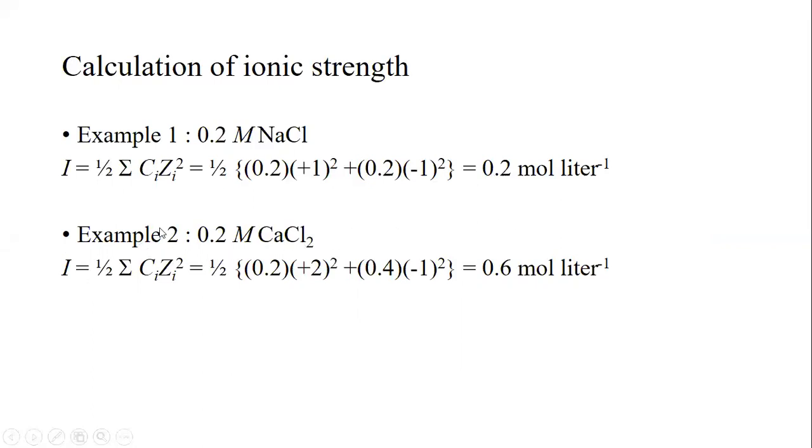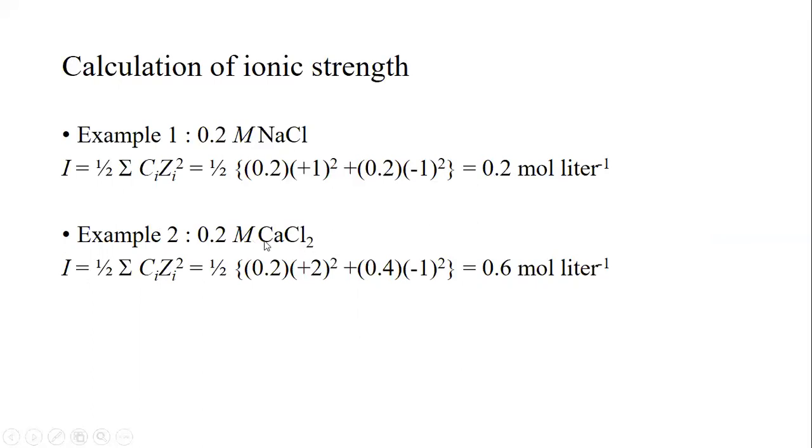Example 2, let's take another example. The same concentration, 0.2 molar, but this time of calcium chloride. Remember, when calcium chloride dissolves, it will give us Ca2+, which has two positive valences, plus 2 Cl-, 2 chloride ions.